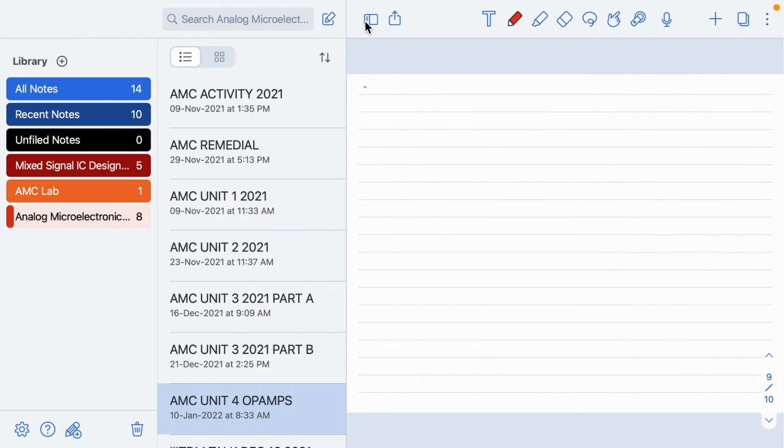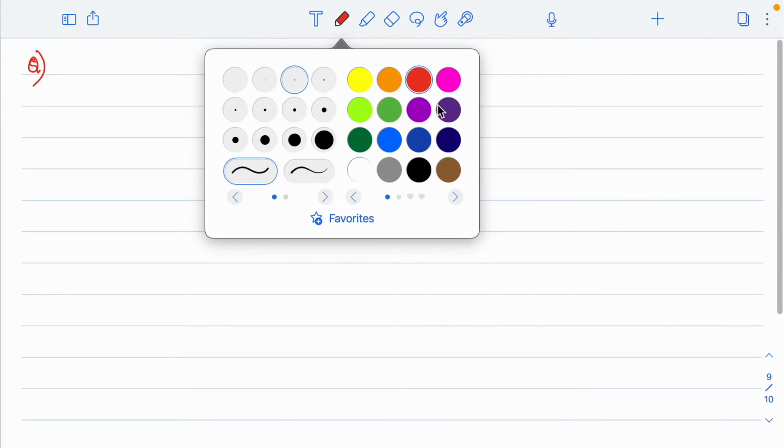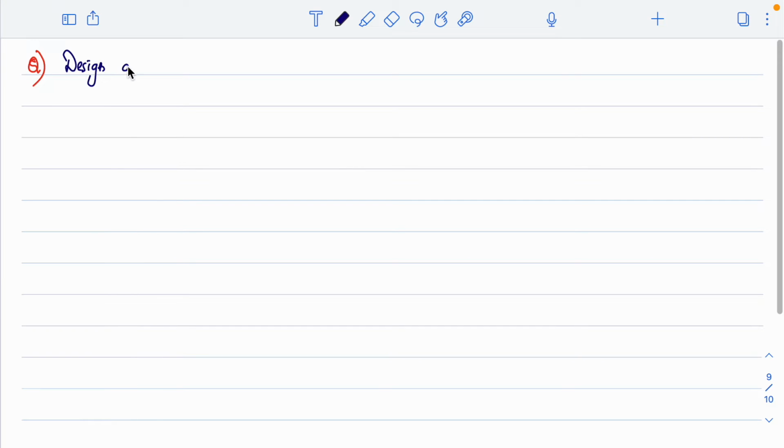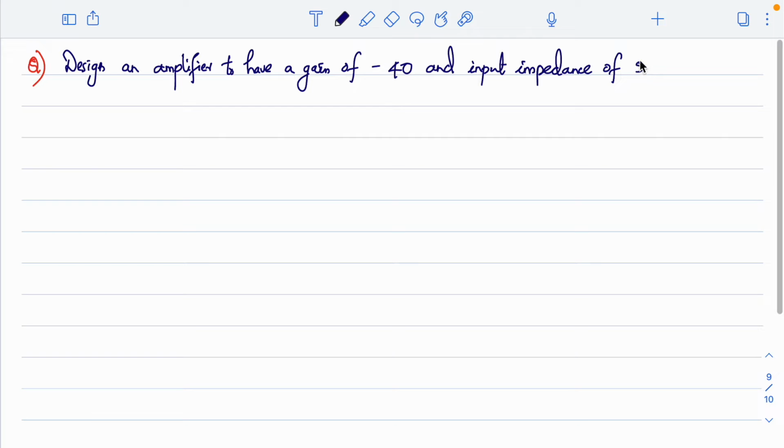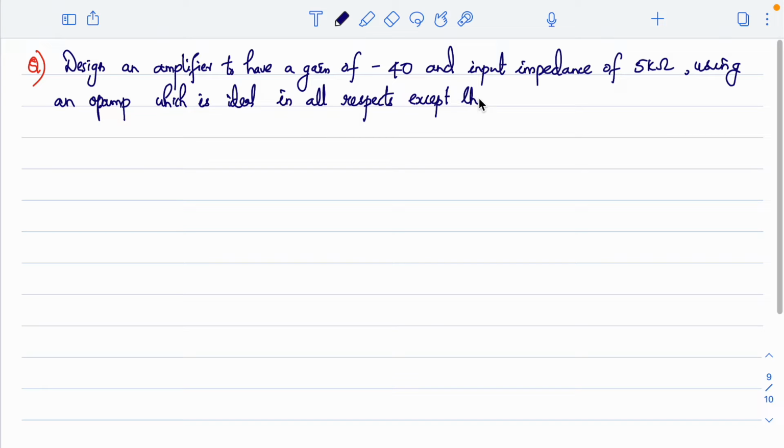Now what we'll do is I'll give you a numerical and we can work on that. The question is: you have to design an amplifier to have a gain of minus 40 and input impedance of 5 kilo ohms using an op-amp which is ideal in all respects except that it has a finite gain of 600.